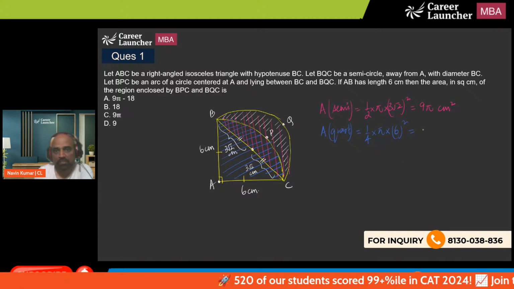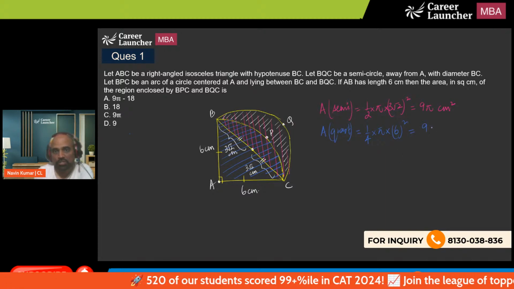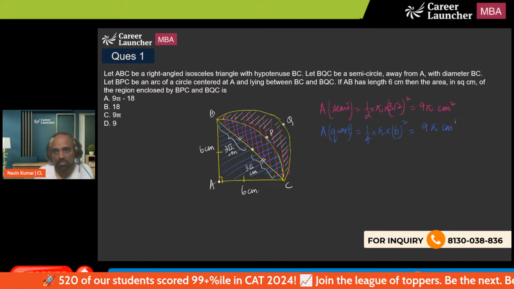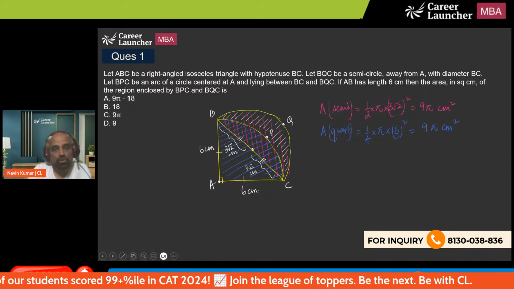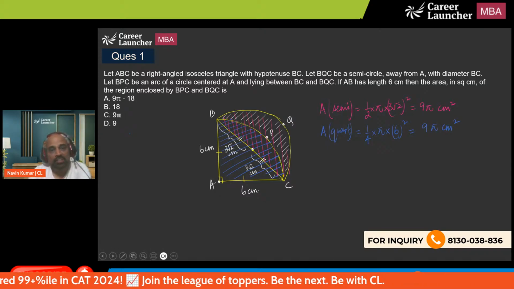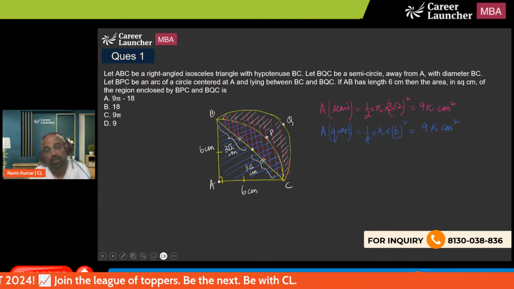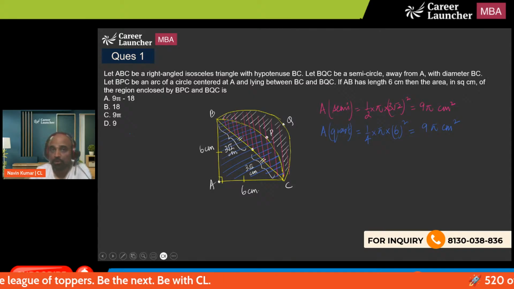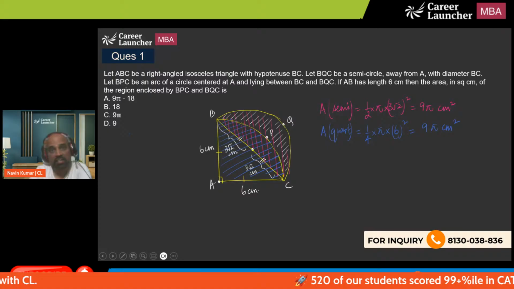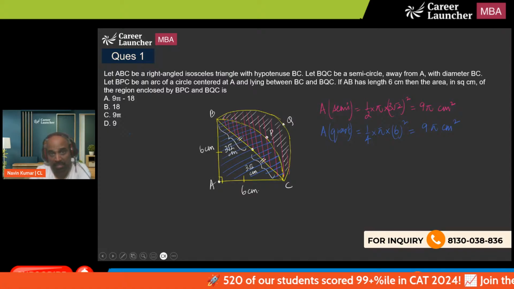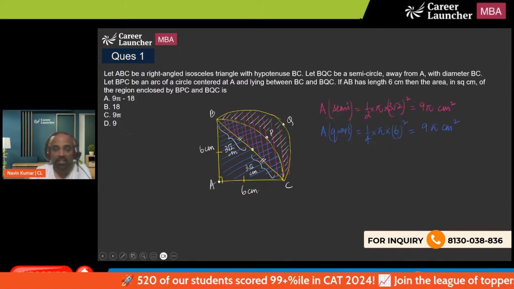So 36 by 4, which is going to give us 9 pi centimeter square. So what we realize over here is the area that we have above and the area that we have below, the one that is shaded in pink and the one that is shaded in blue, they have the same area. They may not look same, but they are same, right?